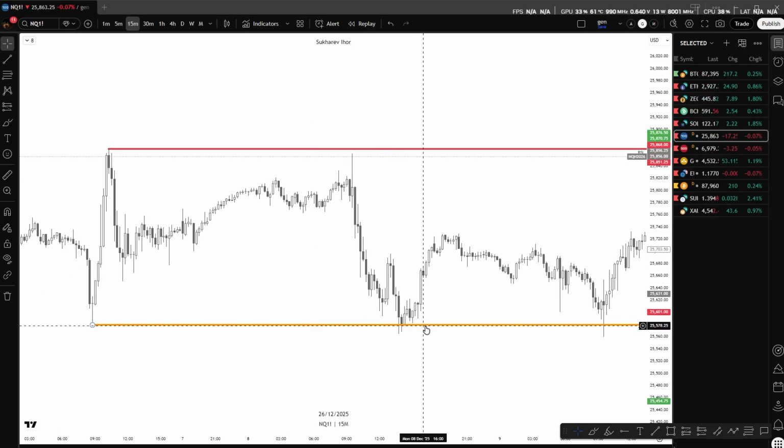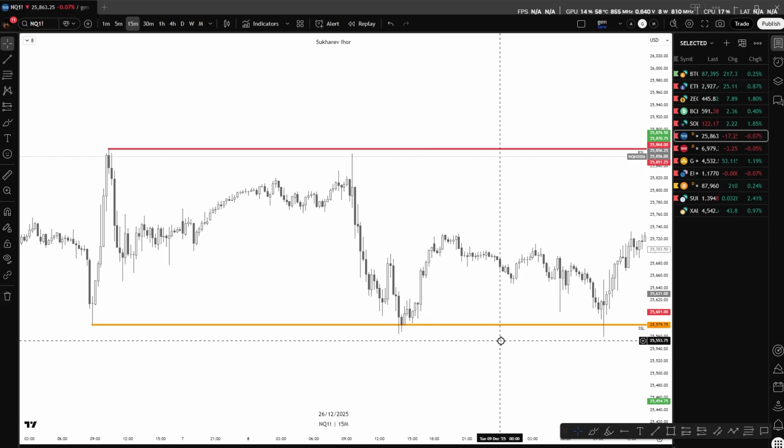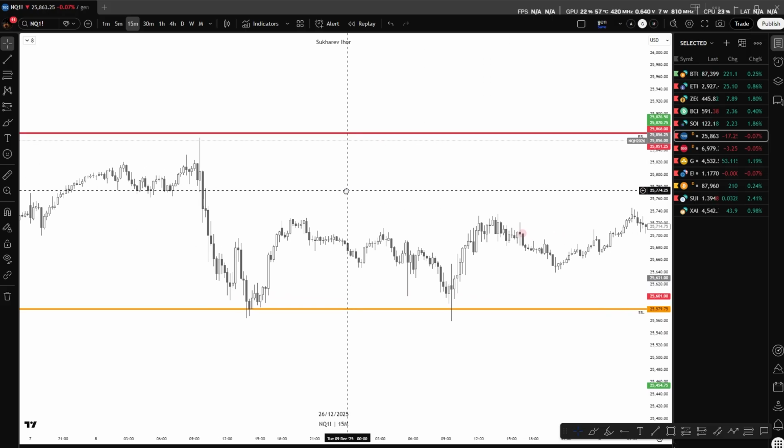So SSL, BSL. Big players often use these zones to manipulate liquidity and build their positions. And internal liquidity helps push price towards these external targets. If you understand this relationship, you can better anticipate not just where price is going, but also how strong the move might be.